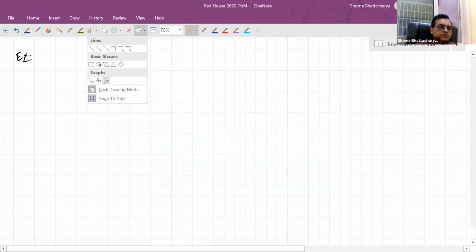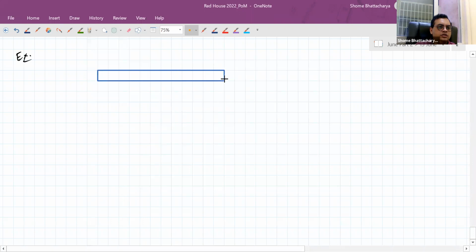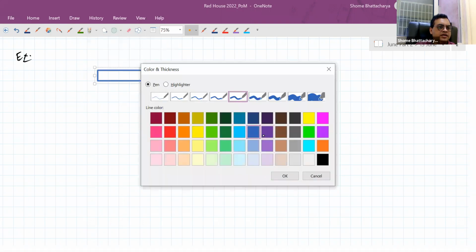So let's say we have two metallic rods which are made of different materials having different natural lengths, okay, but identical cross sectional area.